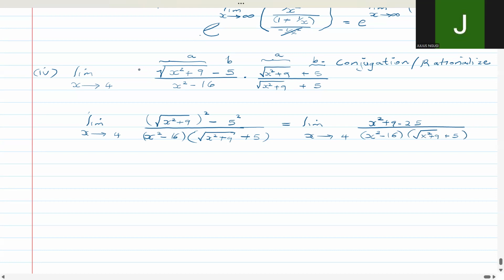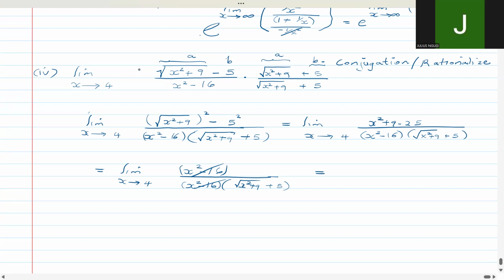And this becomes limit as x approaches 4 of x squared minus 16, divided by x squared minus 16 times square root of x squared plus 9 plus 5. So we cancel that.